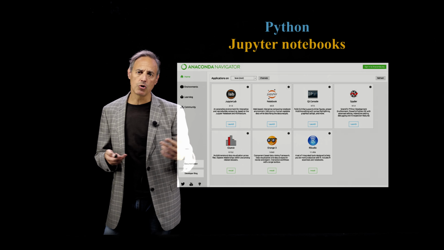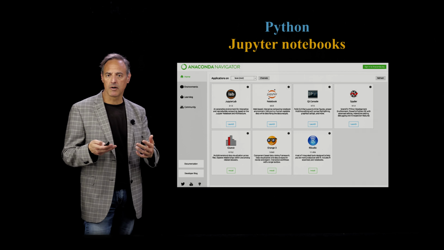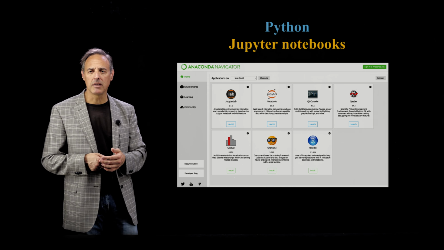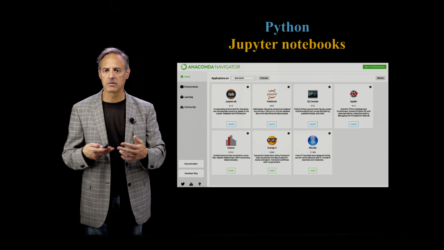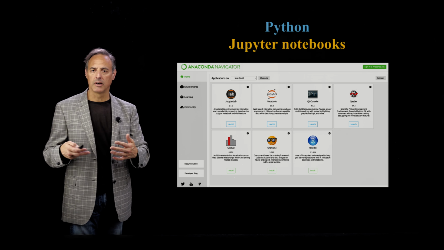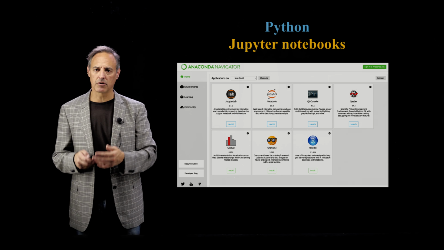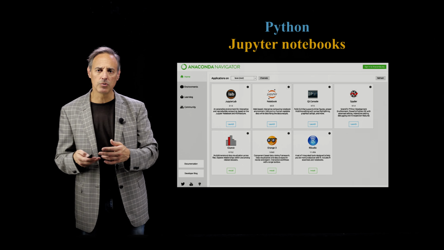And for instance, you can also open VS Code, the Visual Studio Code environment. I typically recommend, if you want to build a really nice code base, VS Code is a really great way to build your code. But Jupyter notebooks are a great way to do interactive computing. They're very flexible, easy to use.